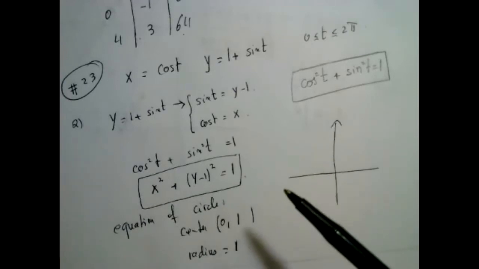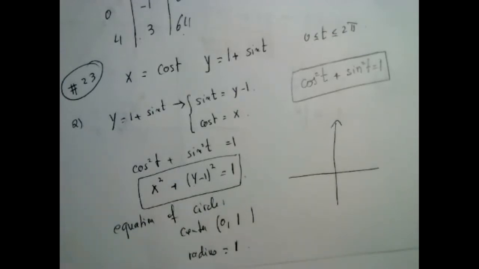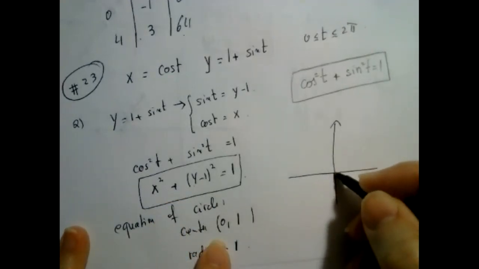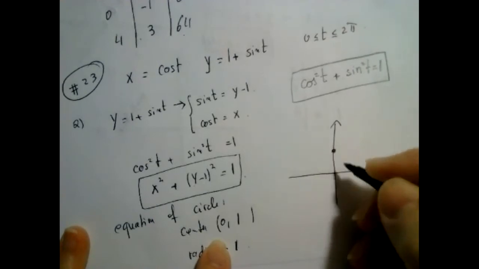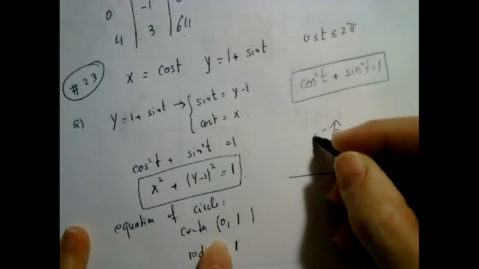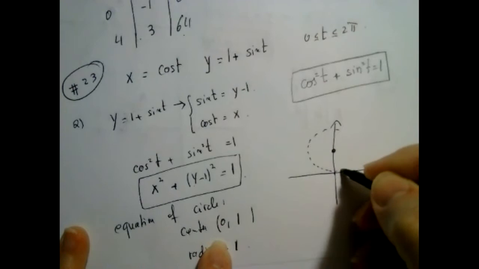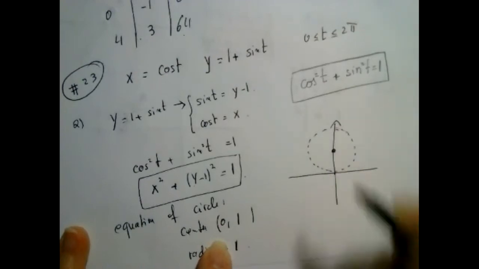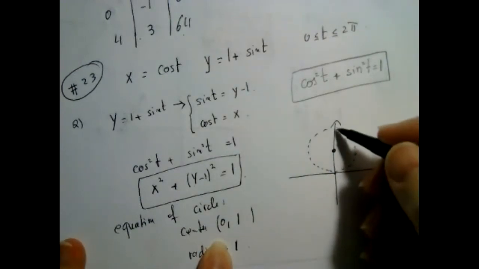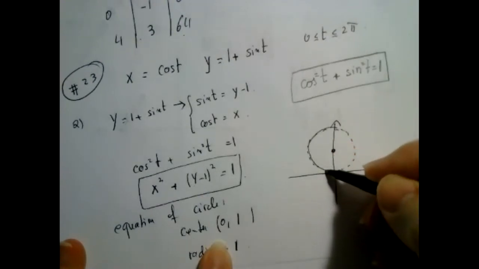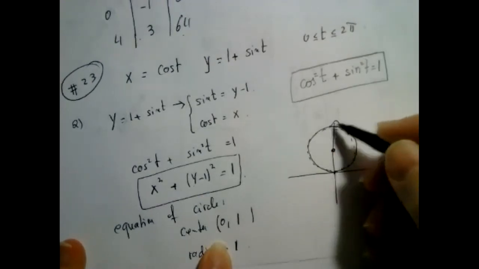This tells me where it's moving, as I said, not the direction, nor the start, only where it is moving. It's centered at 0 and 1. So that's 0, that's 1, that's the center, and the radius is 1. So that's where the object is moving. The motion is right on the circle.